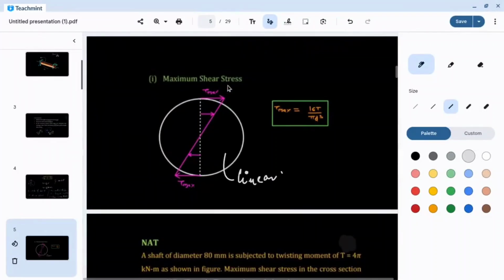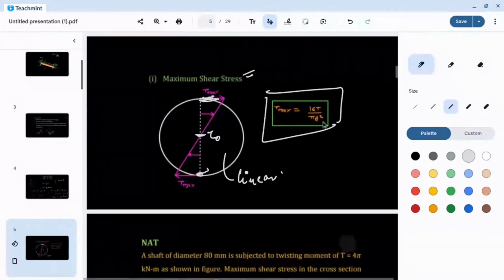Because of that, shear stress develops. The minimum shear, tau, is basically zero here, and the maximum shear is at the outermost surface. So my maximum tau is 16T by pi d cube. This is the maximum shear stress developed during the torsion.